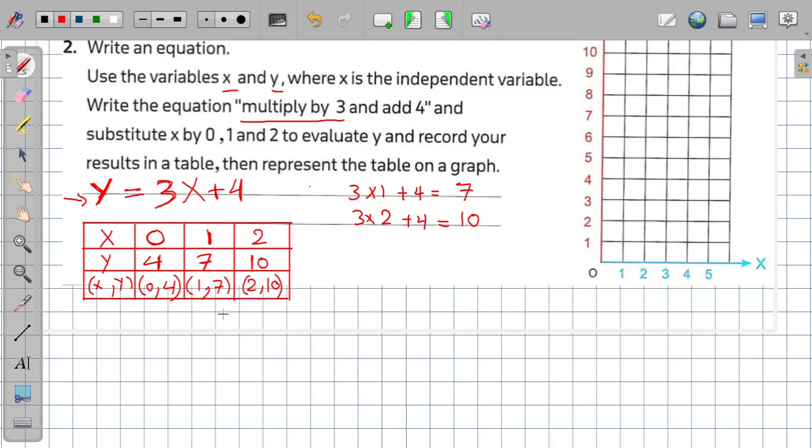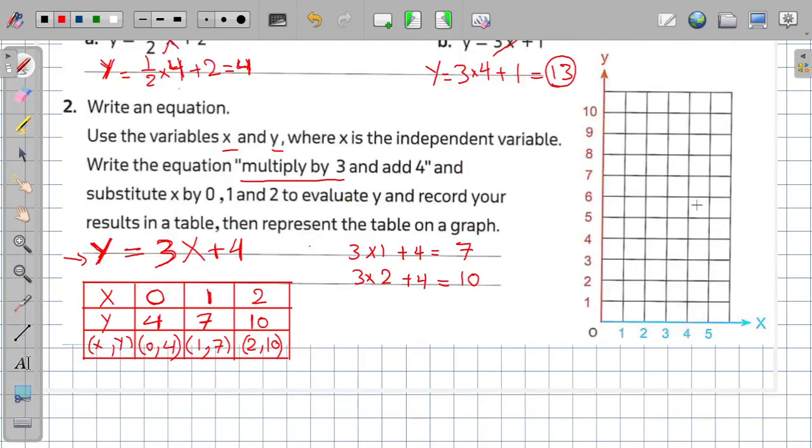Okay, so let's draw our graph on the coordinate plane. So I have x-axis and y-axis, and I want to represent these ordered pairs. The first one here is 0 and 4. So I will stop at 0 and go up to 4. So I will stop here. Next, I have 1 and 7.